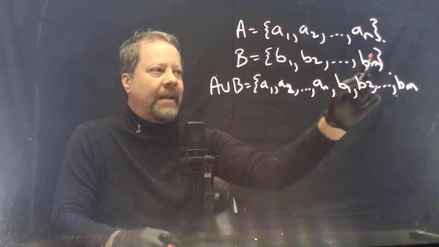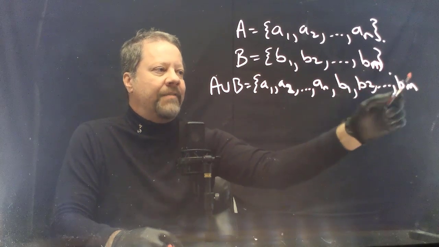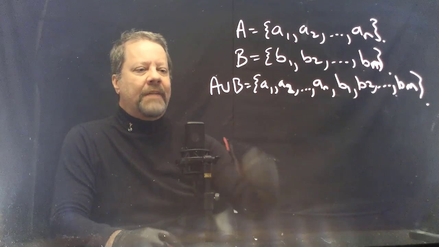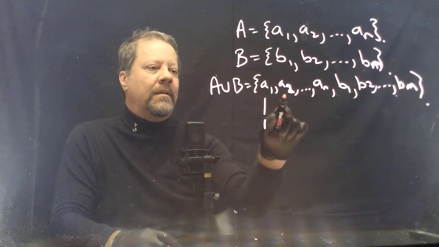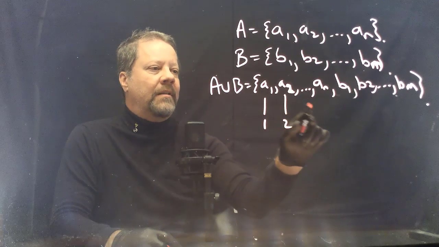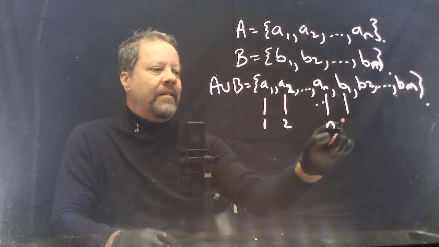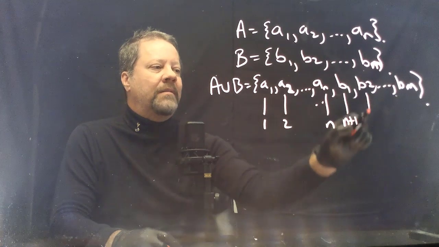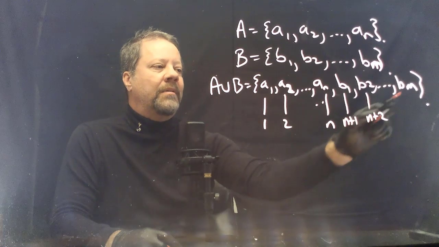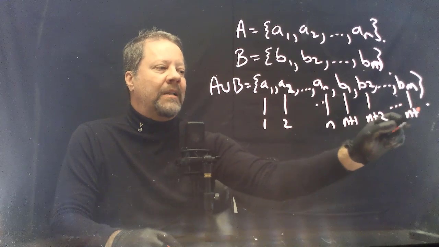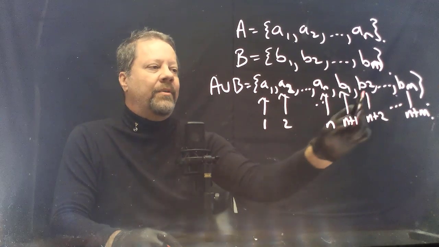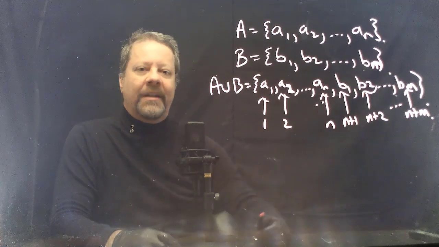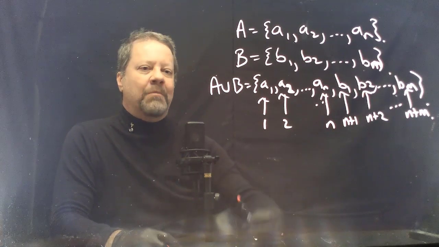We don't have to have the same number of elements in each of these. And so here's how we'll make our correspondence. We'll say this one corresponds to 1, 2, all the way down to n. This will be n plus 1, n plus 2, all the way down to n plus m. And this will be our one-to-one and onto correspondence with an initial segment of the natural numbers from 1 to n plus m.